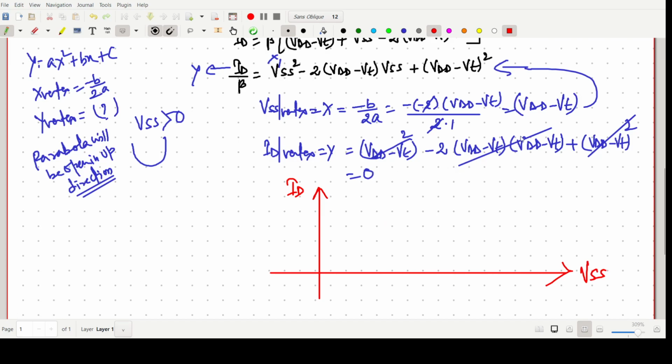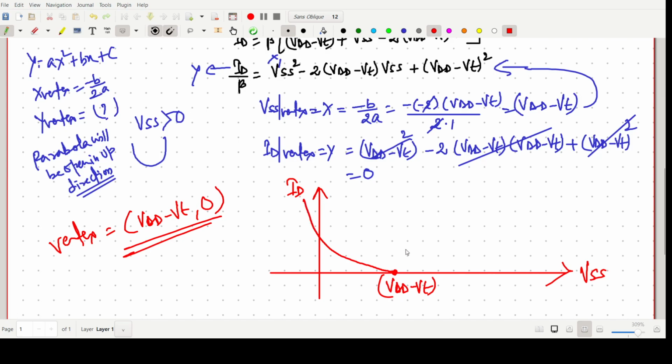The vertex will be at VDD minus VT, and the y vertex will be 0. So this is the vertex of the parabola. Suppose this will be the point, VDD minus VT, and now it will go up.